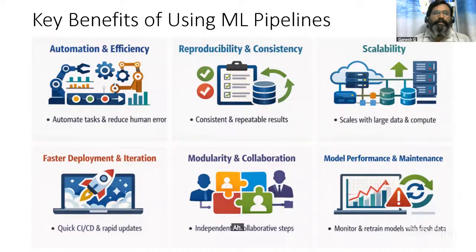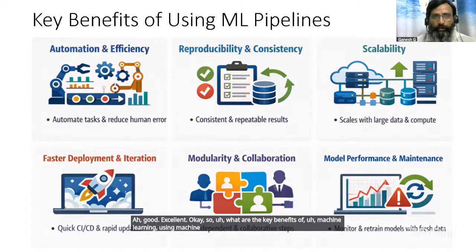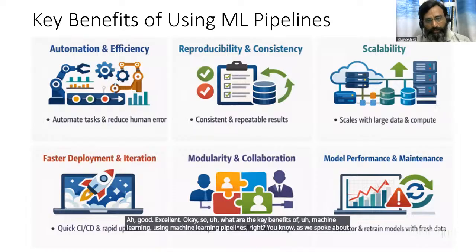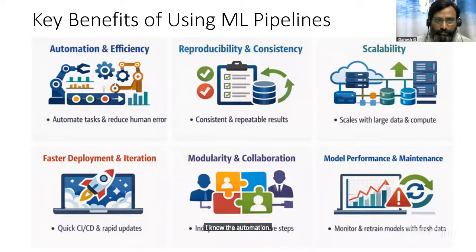Good, excellent. So what are the key benefits of using machine learning pipelines? As we spoke about, the machine learning pipeline covers your data ingestion, the ingress and the egress point. So what does it offer? The automation, the efficiency it brings to the table.